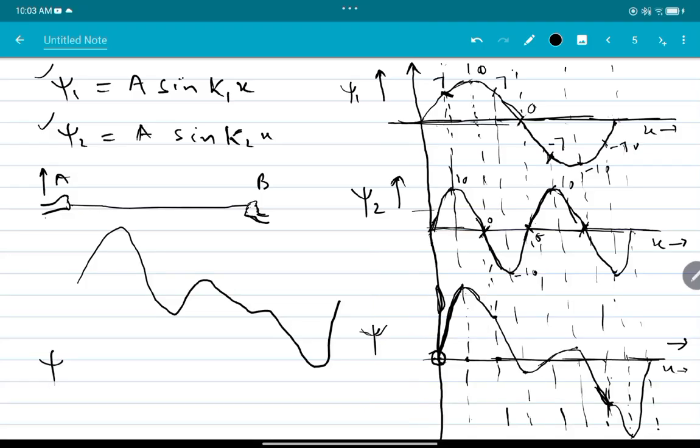I can write psi as a function of position: psi(x) is equal to a sine k1x plus a sine k2x. Now you can yourself imagine that this periodic wave is composed of sinusoidal waves. Two sinusoidal waves go into making this periodic function.